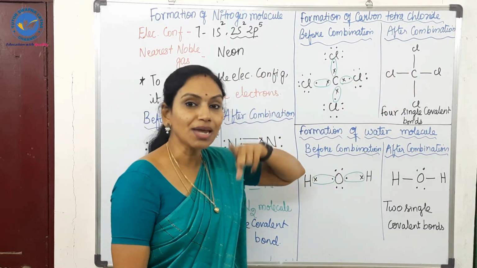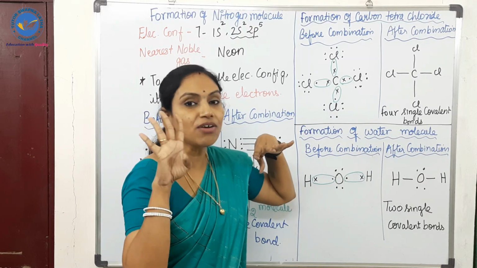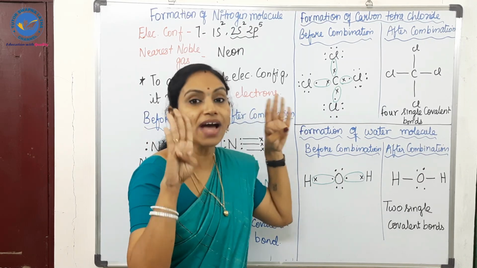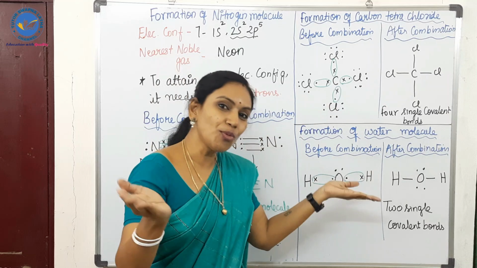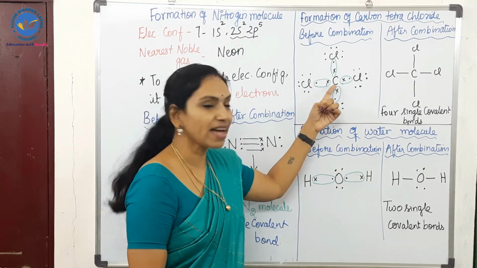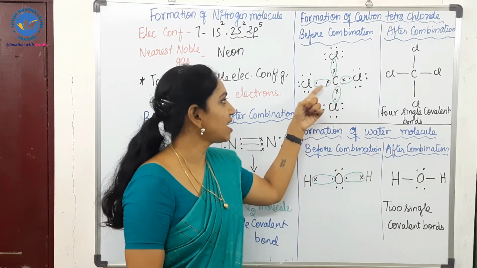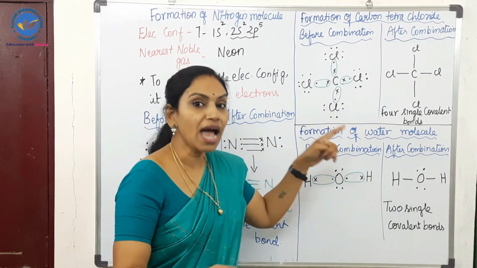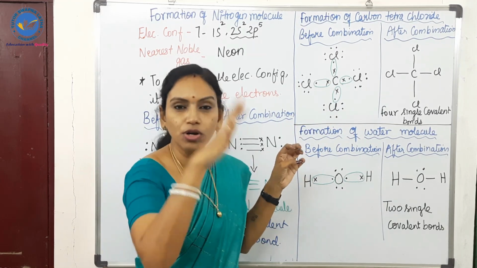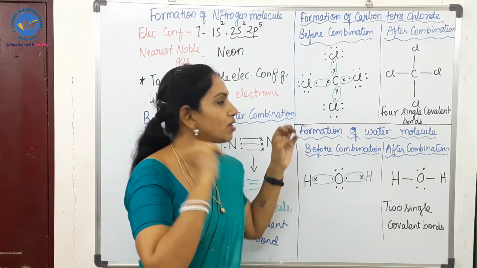We know that carbon has tetravalency, that is, it has 4 valence electrons in its outermost shell, and chlorine needs 1 electron to attain its stable electronic configuration.